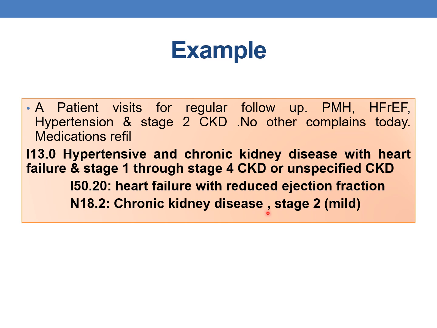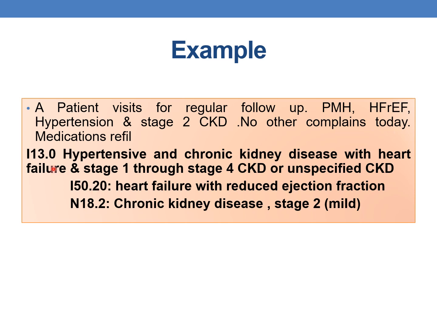Now let us see an example. A patient visits for regular follow-up, past medical history of heart failure with reduced ejection fraction, HFrEF, hypertension and stage 2 CKD, and no other complaints today, comes for medication refill. So patient is having heart failure, CKD, hypertension.